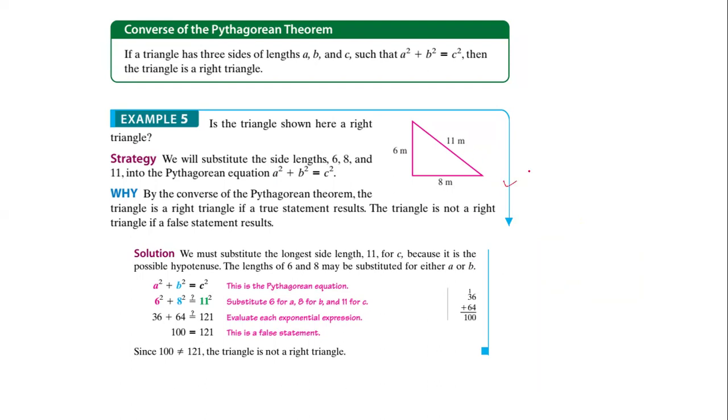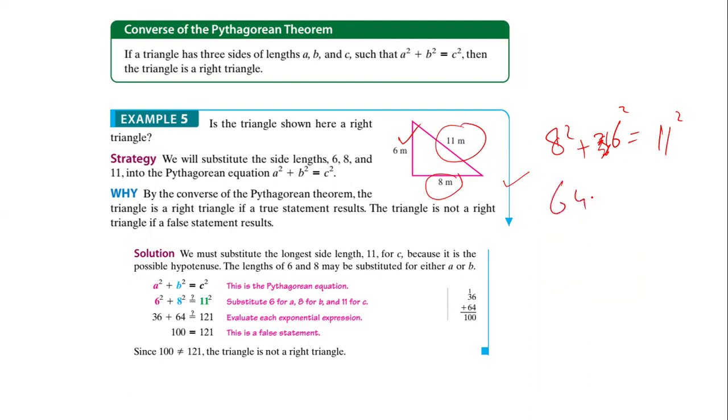Check this one. Is it a right angle triangle or not? For a right angle triangle, this base square plus this perpendicular square, sorry, this is 3 square, must be equal to this one's square.